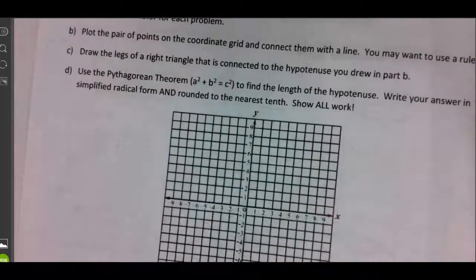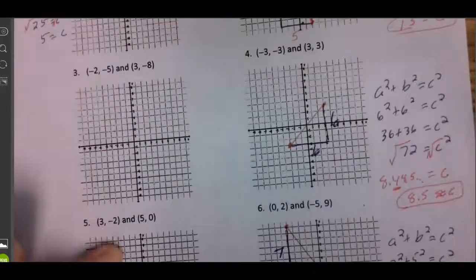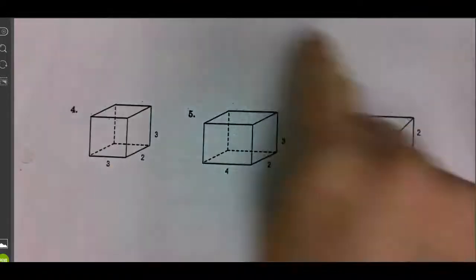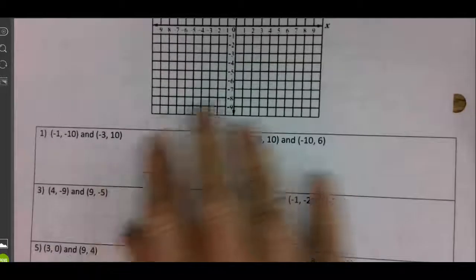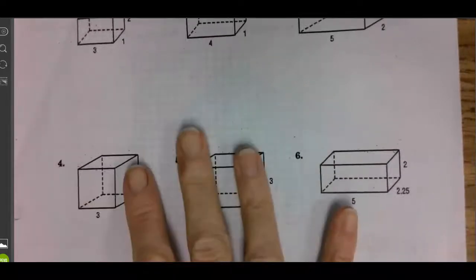Plot them on here. See if you get it right. If you need more, use these right over here. That's fine. We didn't use those grids for the notes. So you're going to do the evens on this side. You're going to do at least 4 of these. I'll let you choose which 4. Check your answers. Because you are reviewing for the test, and we review starting tomorrow, and the test is next week. So you need to make sure that you practice these enough to get them.